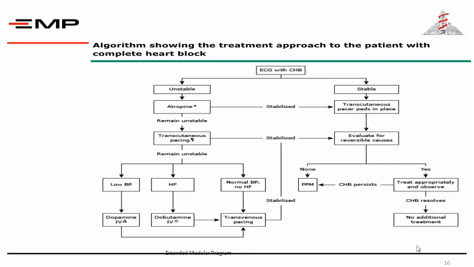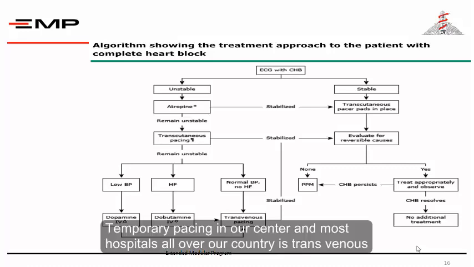On the other side, if the patient is unstable, you will give him atropine. If he is stabilized, you will go to the track of the stable patients for transcutaneous pacing or transvenous pacing. If after atropine he remains unstable, you will go for transcutaneous pacing and rapid permanent pacemaker implantation.